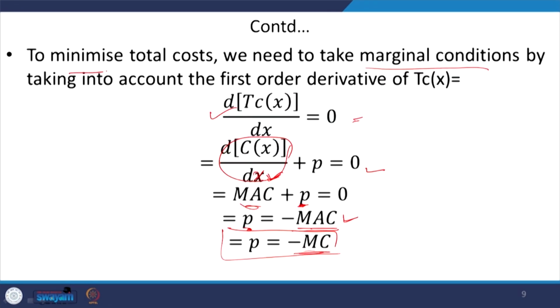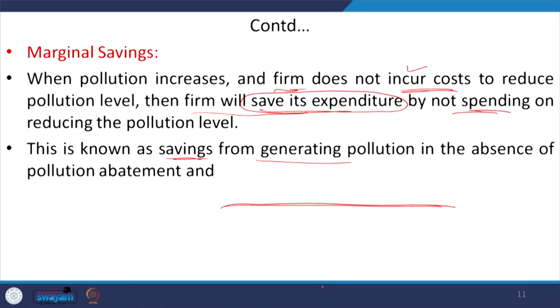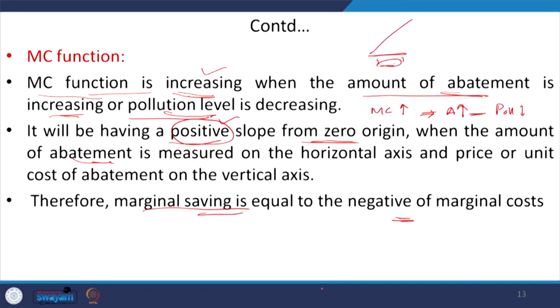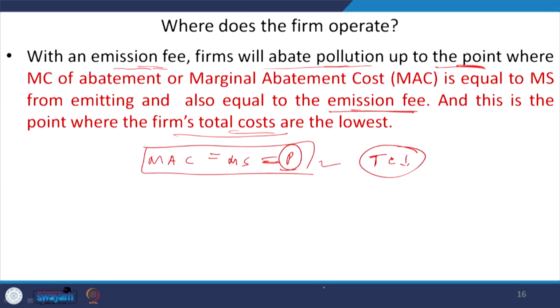We try to minimize the cost. There we find that the price is equal to minus the marginal cost, and after doing so we proved that the polluting firm can continue to reduce or abate pollution until the point where marginal abatement cost is equivalent to the price itself.